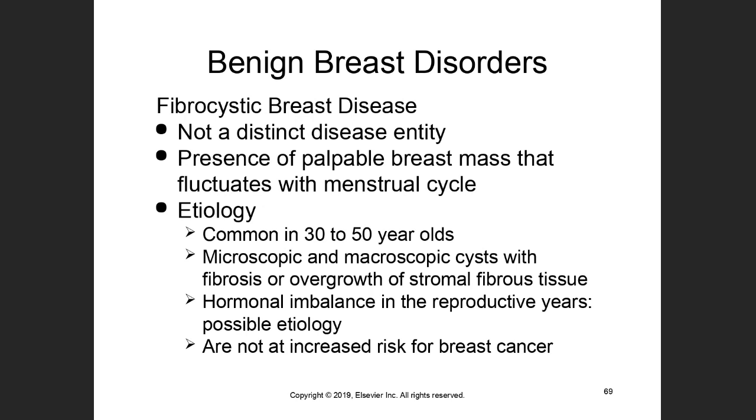Fibrocystic breast disease is not a distinct disease entity; it is the presence of a palpable breast mass that fluctuates with the menstrual cycle. That's why when you have any mass in the breast of a female, you have to ask about the menstrual cycle. Etiology: common in 30 to 50 years old, microscopic cysts with fibrosis.